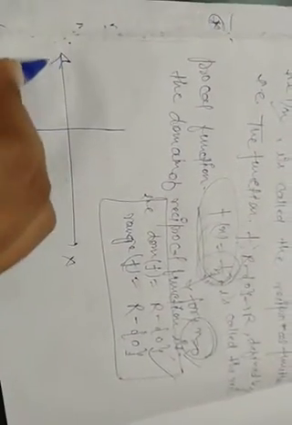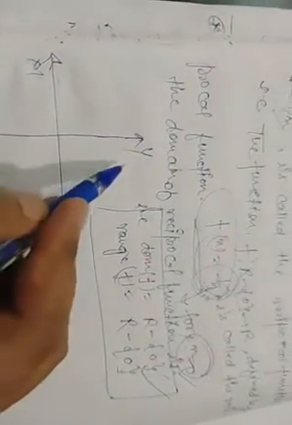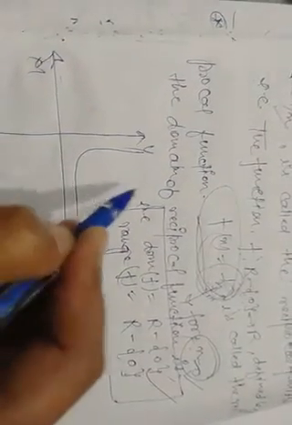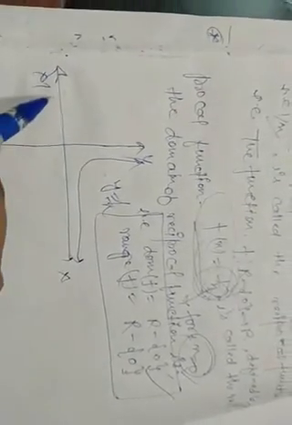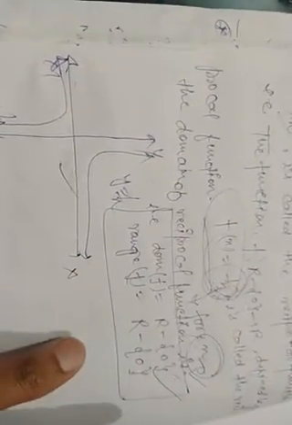So dear students, in this way, and one important thing, the graph of that function: x dash, y and y dash, and the graph of the reciprocal function is in this way, this is the graph of 1 by x.